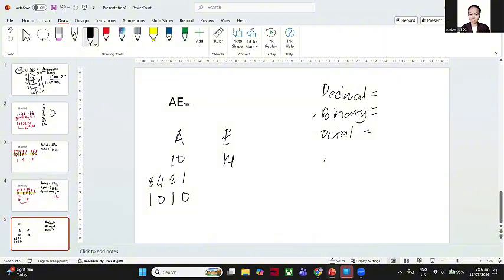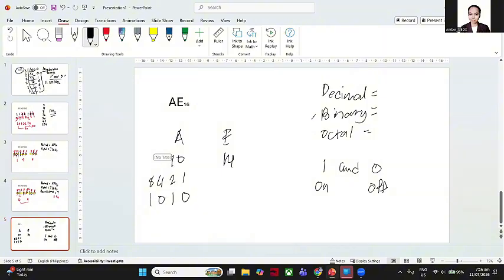So remember in binary, we have 1 and 0. 1 is always on, 0 is always off in the electronic sense. Thus the 1 and 4 are off because we're not going to reach 10.